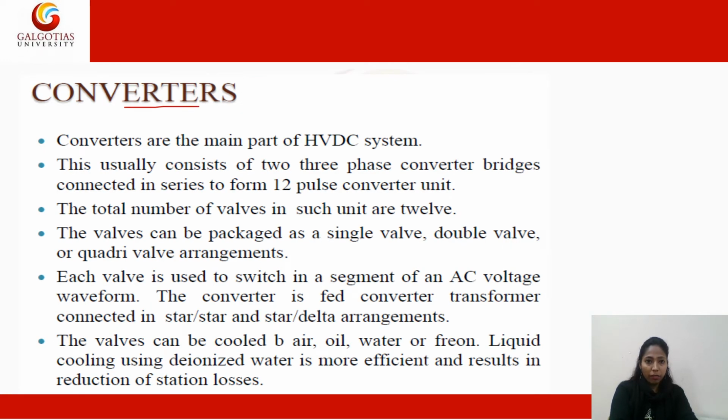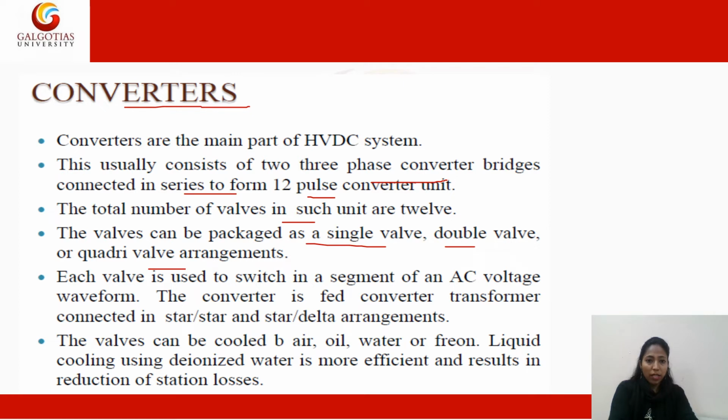Converters, rectifier and inverter, are the main part of the HVDC system, which has total control of the HVDC line. They usually consist of 2 or 3 phase converter bridges connected in series to form the 12 pulse converter. The total number of valves in such a unit is 12. The valves can be packed as a single valve, double valve, or quadri valve arrangement.